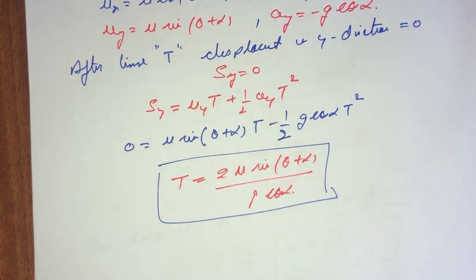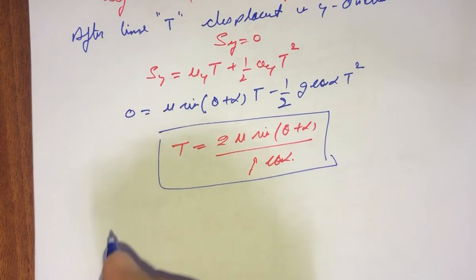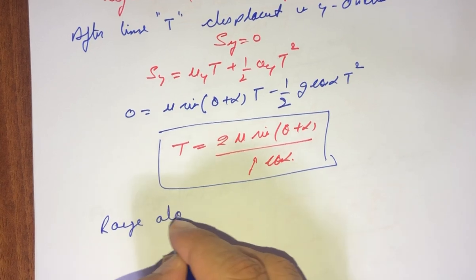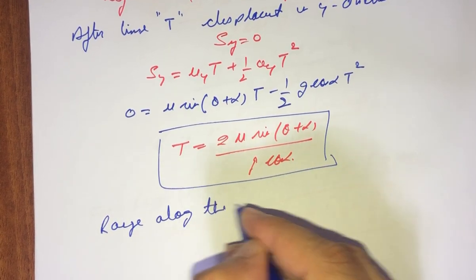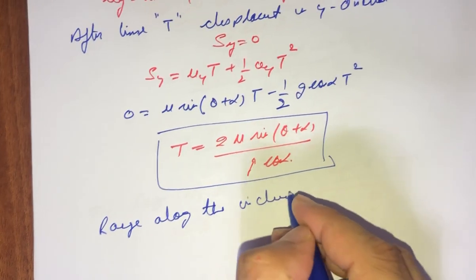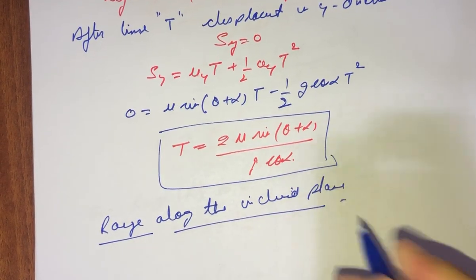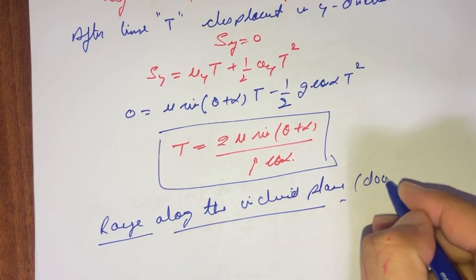And finally, we find out the range along the inclined plane. Range along the inclined plane means in the downward direction.